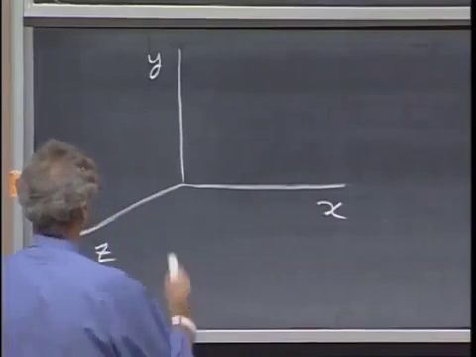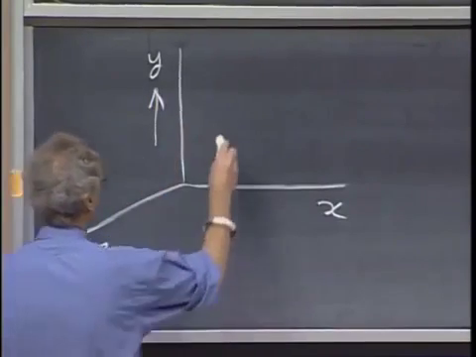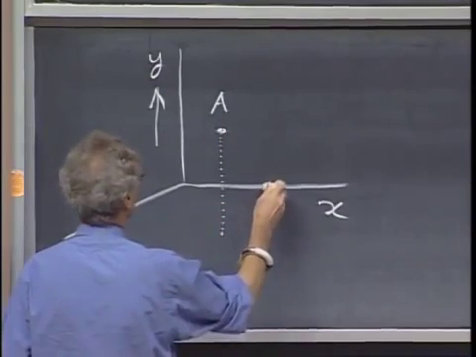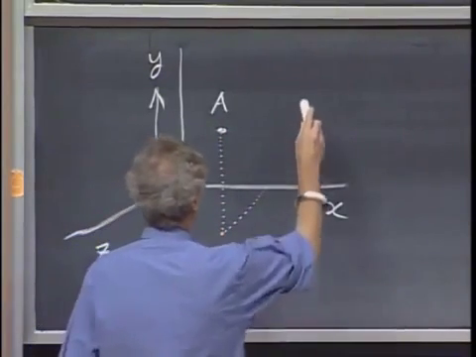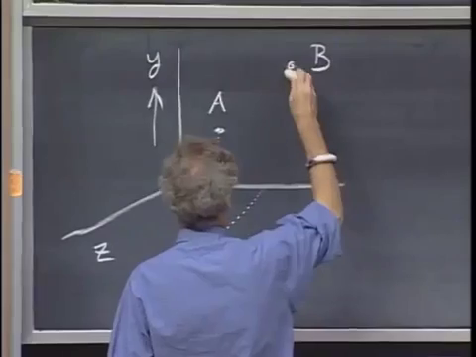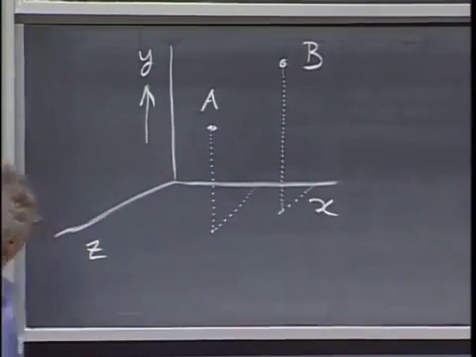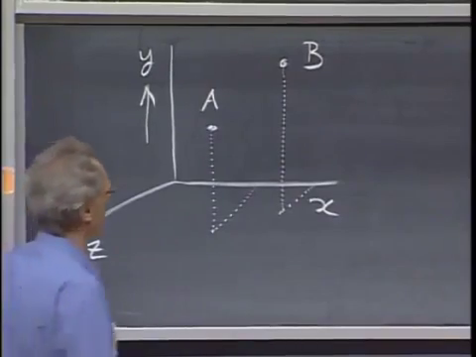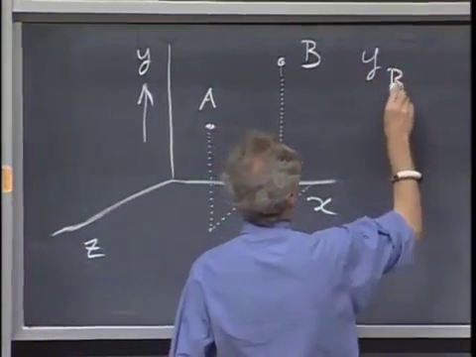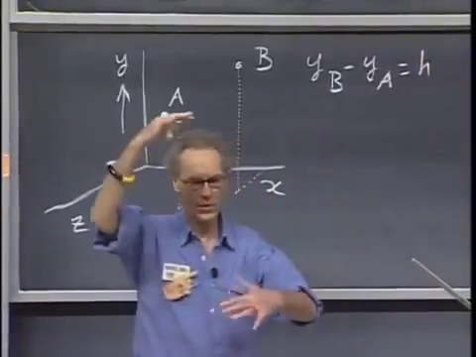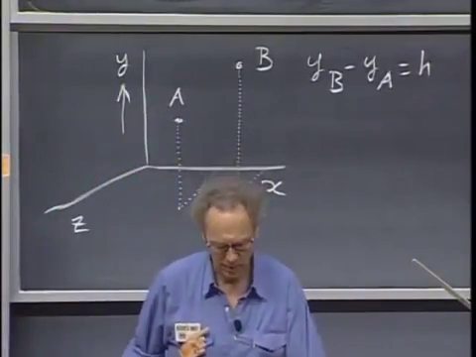And there is here, this is the increasing value of y, and there's here point A in 3 dimensions, like this, and there is here point B. So you get a rough idea about the 3 dimensions. And y of b minus y of a equals h. That's a given. So there's a height difference between A and B.